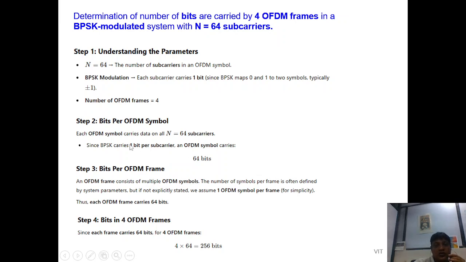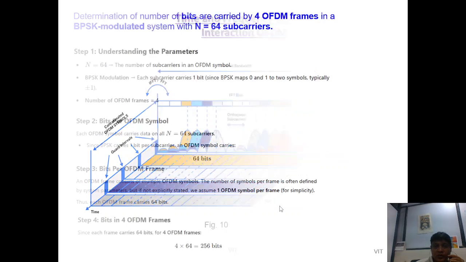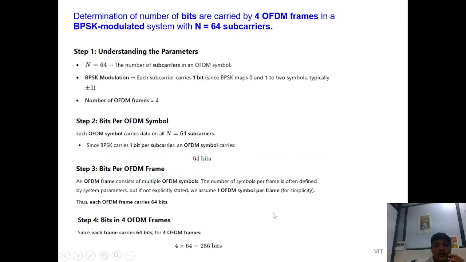So 64 subcarriers will carry 64 bits. Since there are 4 symbols, going back to the previous figure, this is 64, this is also 64, and so on, so 4 into 64, that means 256 bits will be transmitted for these 4 OFDM frames.